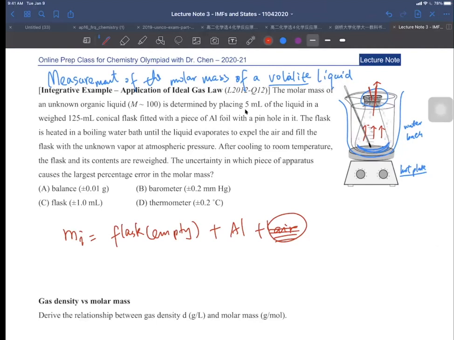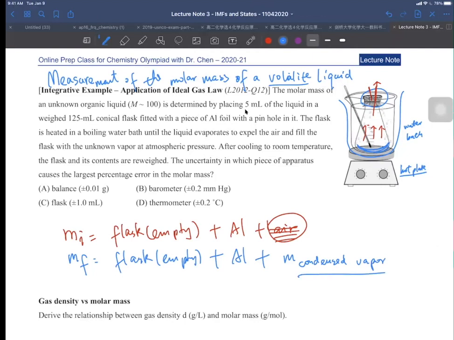And then we take the flask out and cool it down. The vapor will condense back into the liquid. At that time, we measure the final mass, MF, which is the empty flask plus the aluminum, plus the mass of the condensed liquid, or the condensed vapor, because the vapor is condensed into liquid.